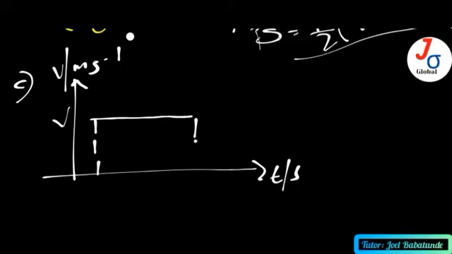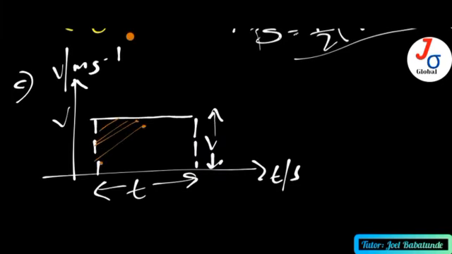So this is the time that it takes to actually travel, and this is going to be the v. Okay, so what is the area covered by this line?